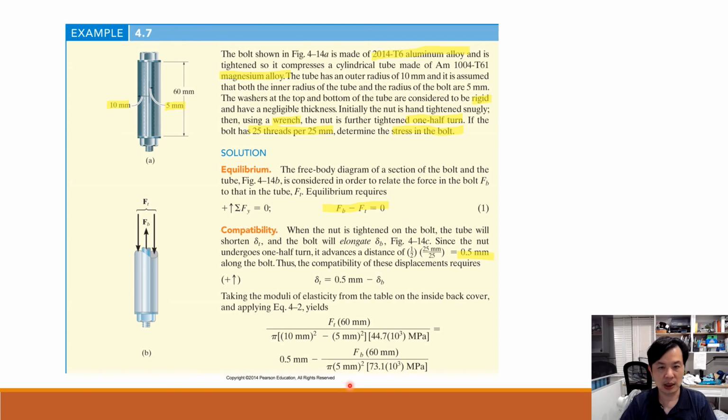Sorry, the bolt is aluminum and the tube is magnesium. So for the bolt, area, Young's modulus, length, and the force itself. And this 0.5 represents the relative displacement between the bolt and the tube.